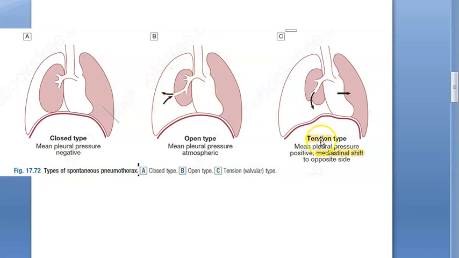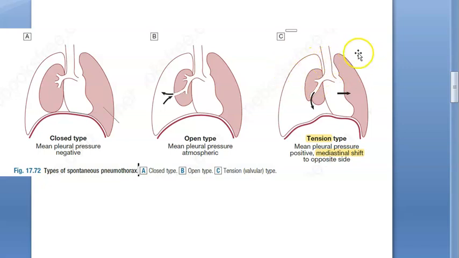Then coming to tension pneumothorax, here the air is entering but it can't leave. So as he inspires, more and more air is getting accumulated, and the pressure is increasing. So there's positive pressure here, and this will push the mediastinum to the opposite side. So there can be mediastinal shift. Sometimes if there is malignancy or some scarring, then it cannot push.